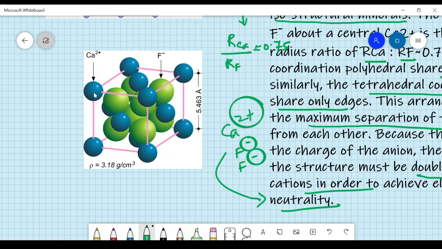Here you can see that this is the calcium and this is the fluoride. Now they are all occupying the corners. So how many of them are there? 1, 2, 3, 4, 5, 6, 7, and at the back you'll have the 8th. These two lines will take you to another fluoride, another calcium structure like this.